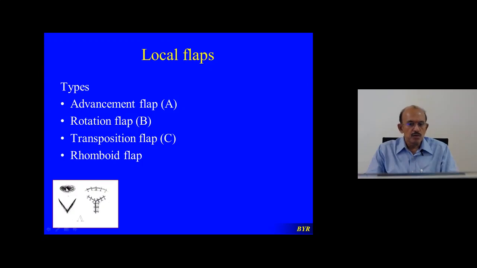Then what you do, you make an incision like V just adjacent to this area of defect. You undermine the tissue. Undermine means separate the tissues from the underlying tissues. So you undermine from this area up to this area. So this gets lifted off from the underlying tissues.